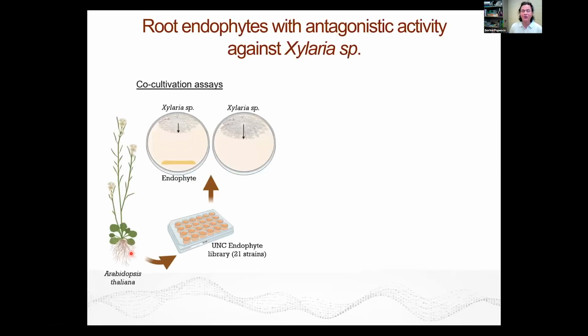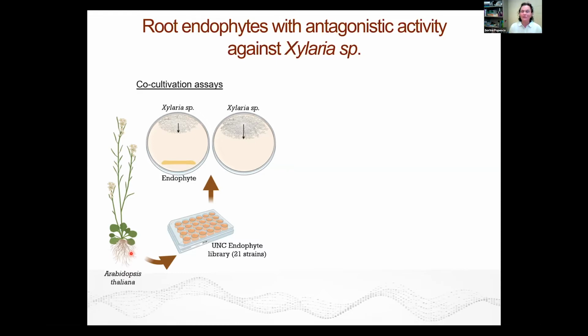And we started this project with a very targeted question, with a pilot project in which we basically asked, are there any endophytes, so those microbes that go inside the root of the plants, are there any endophytes that have been isolated already that may have antagonistic activity against Xylaria?